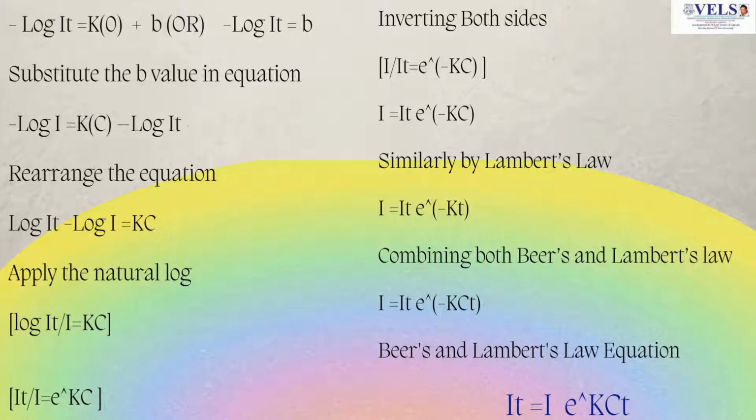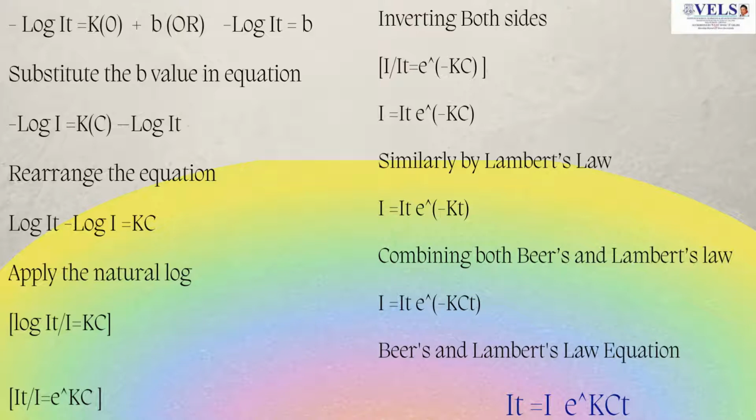Removing the log, IT divided by capital I equals e to the power of k times c. Inverting both sides, capital I divided by IT equals e to the power of minus kc.